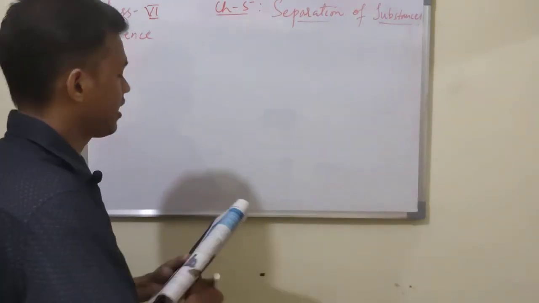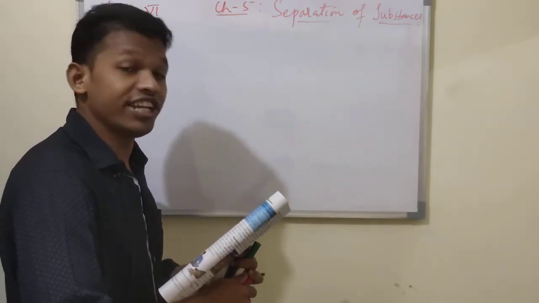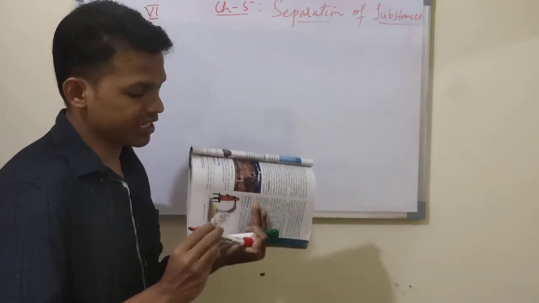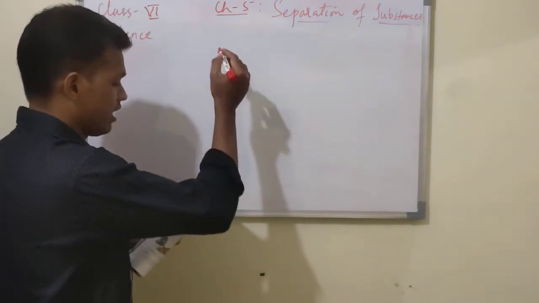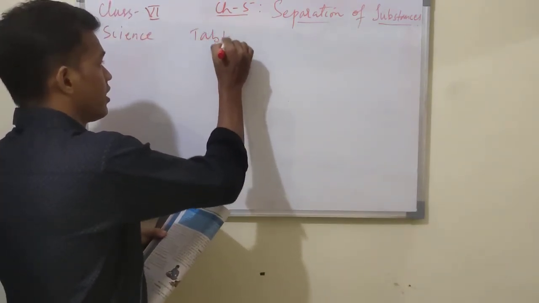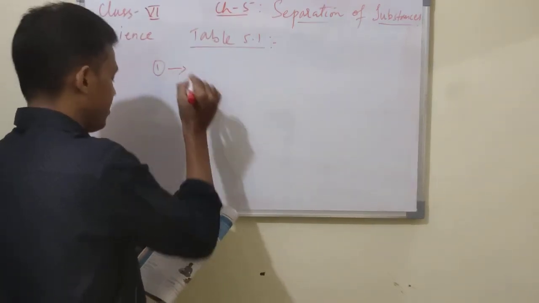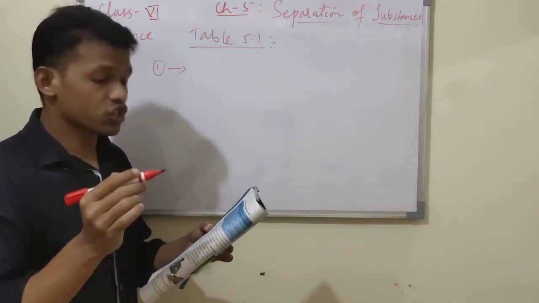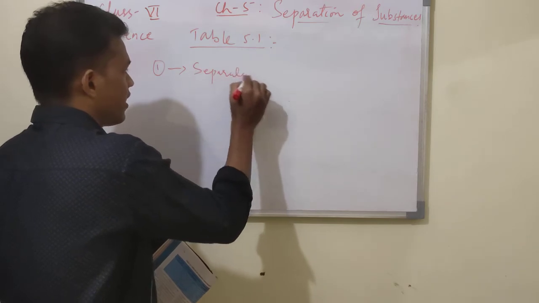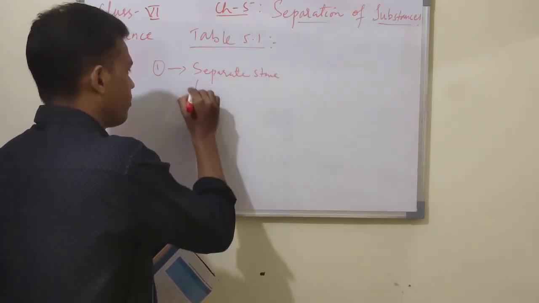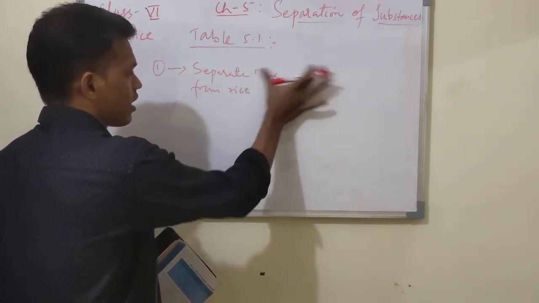In the table, columns 2 and 3 are jumbled, not given sequentially. So you just correct table 5.1. The first one says separate stones from rice. Stones from rice. I will just write it clearly.